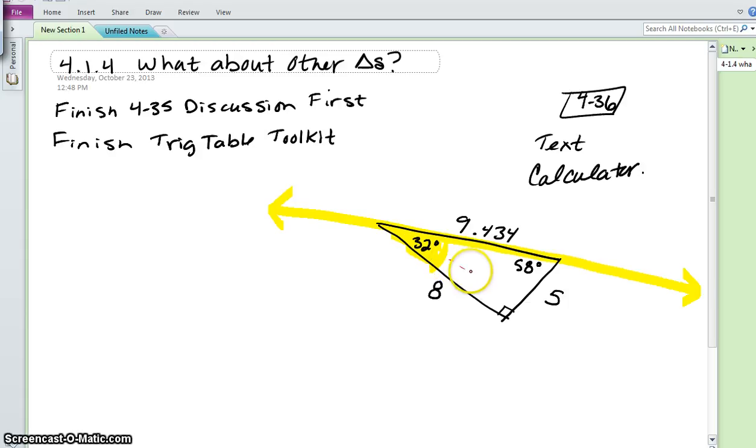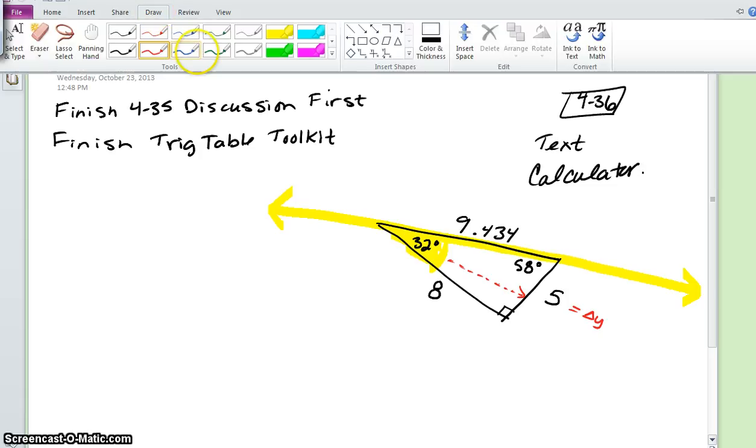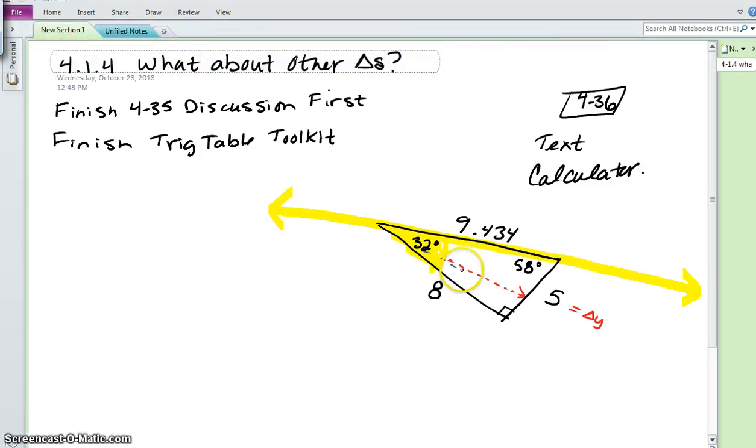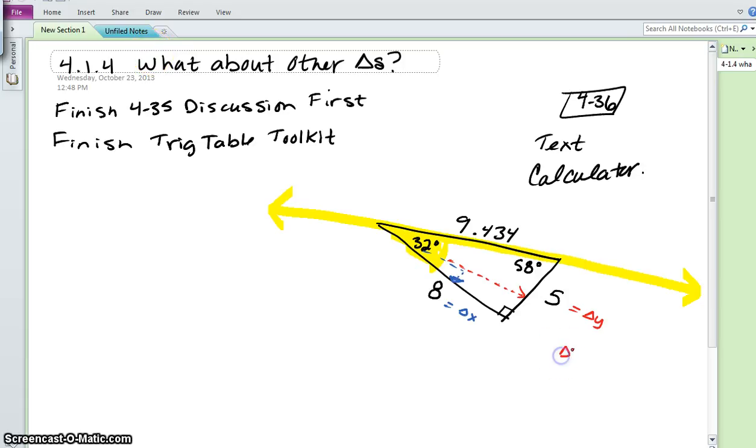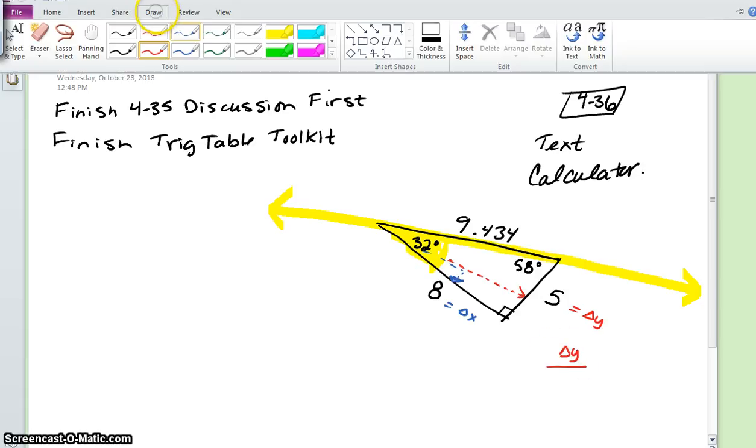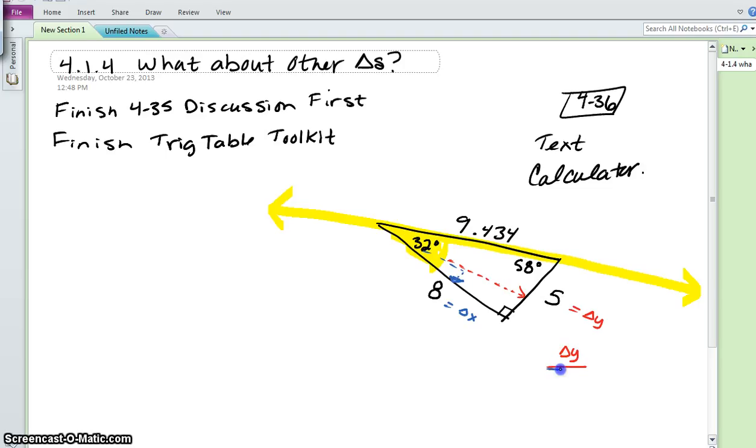The slope ratio would be the distance of the side opposite, which would indicate the change in y, divided by the distance of the side next to the 32-degree angle, which would be the change in x, where change in y divided by change in x equals 5/8.